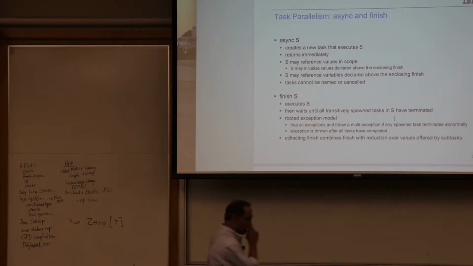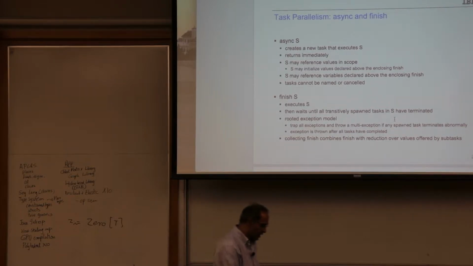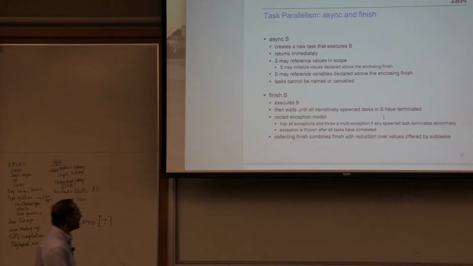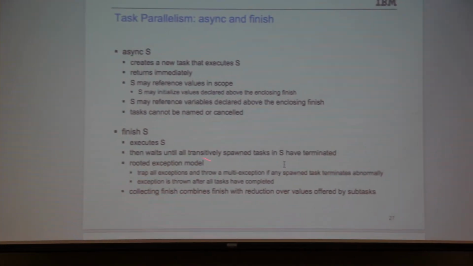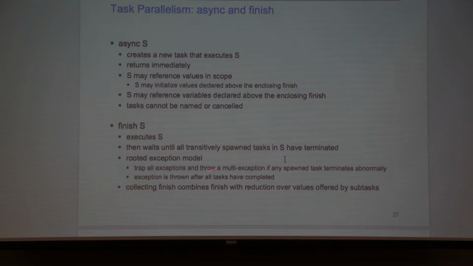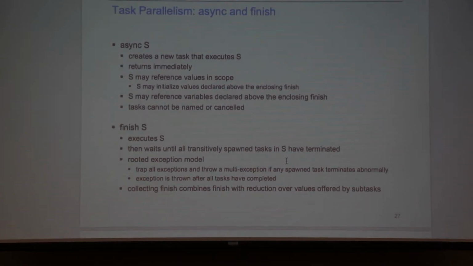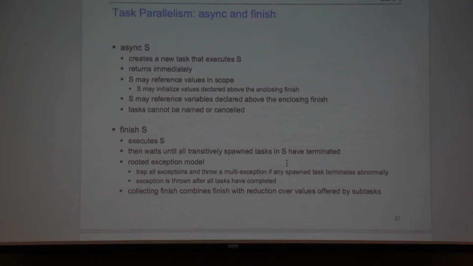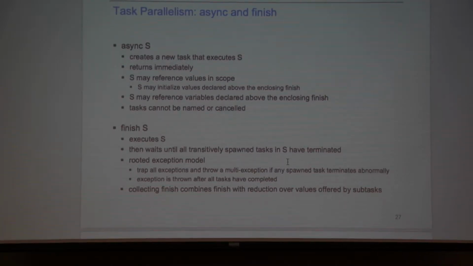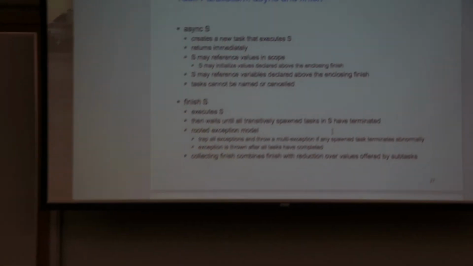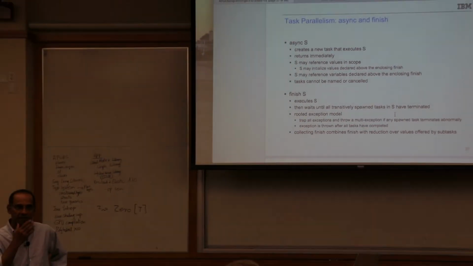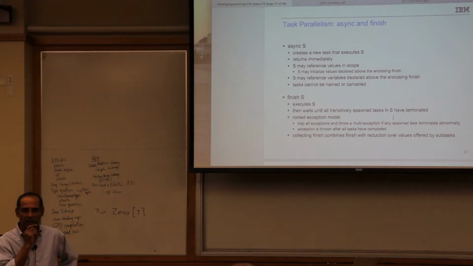Now, here is another important point which I did not mention yesterday about finish. I told you it's a dual to async. It's going to execute S, then wait until all transitively spawned tasks terminate. And this was an interesting aha for us when it happened. Java has exceptions, as you all know, and it has threads, and they interact in a really bad way.